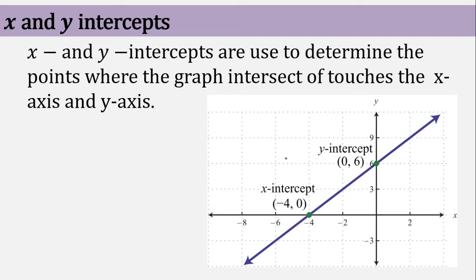Simply saying, the y-intercept is the value of y when x is equal to 0. And the x-intercept is the value of x when y is equal to 0. So that's the x and y intercept.